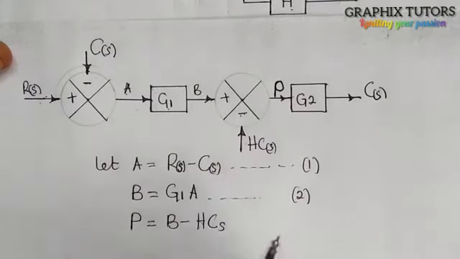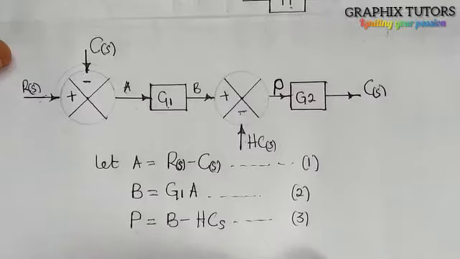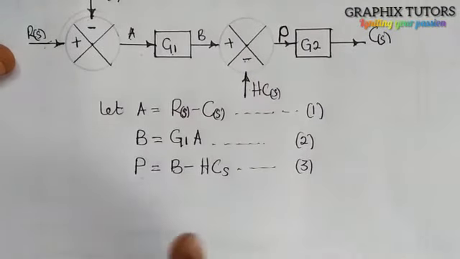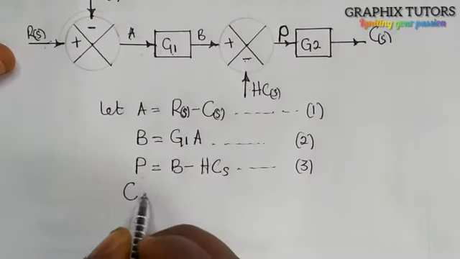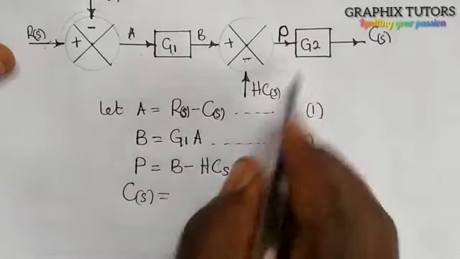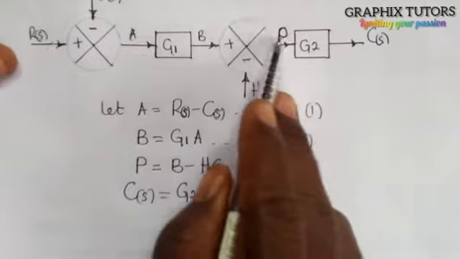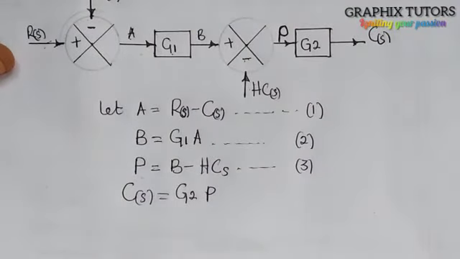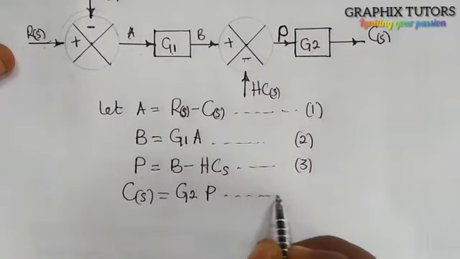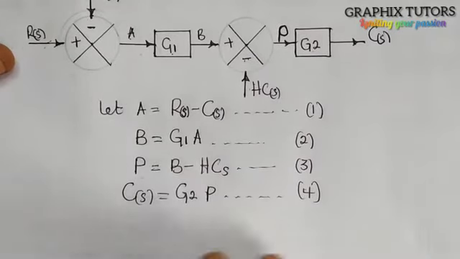This is the summing point, right? I can call it equation 3. I can move forward and say C(s) is equal to G2P, that is G2 times P. It's like we are proving, right? Now I'll call this equation 4.